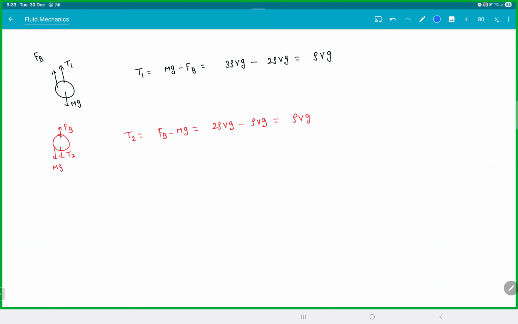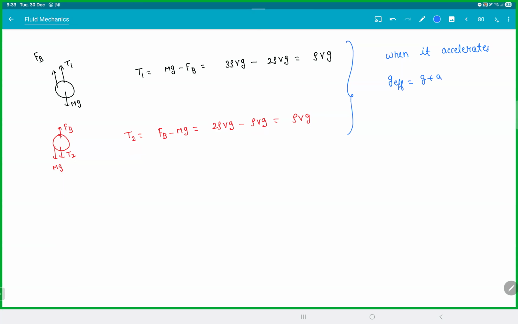Now, if you accelerate, your g effective becomes g plus a. Therefore, T1, T2 both will increase. Now, previously, why didn't it matter?